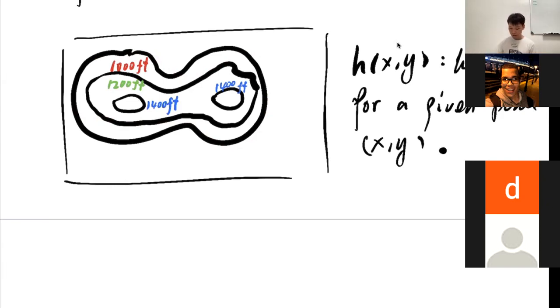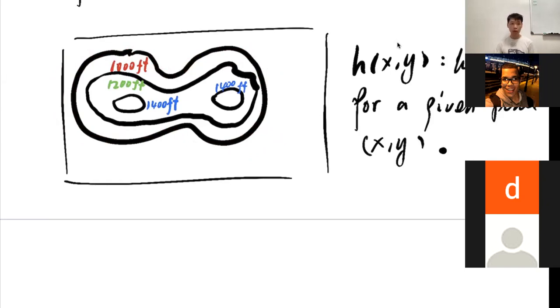Height is the real value. So the level sets for the function h would be a collection of these level curves. For example, when you have a level curve of 1,000 feet, this is the collection of points that are 1,000 feet tall.